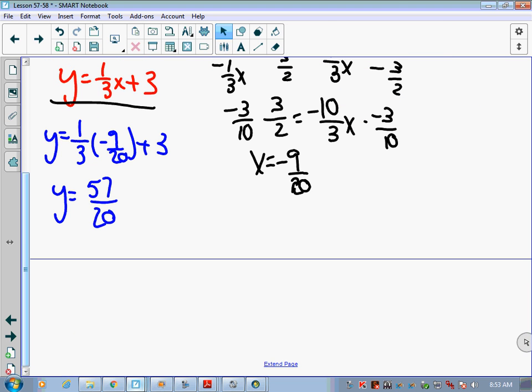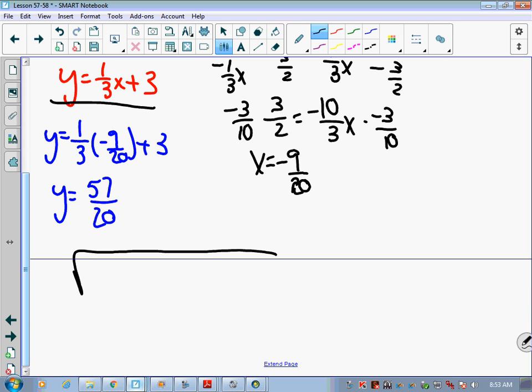So, yeah, we'd use the distance formula, where with 6, 5, we would do 6 minus negative 9/20 squared plus 5 minus 57/20 squared. And I believe the answer is a decimal.